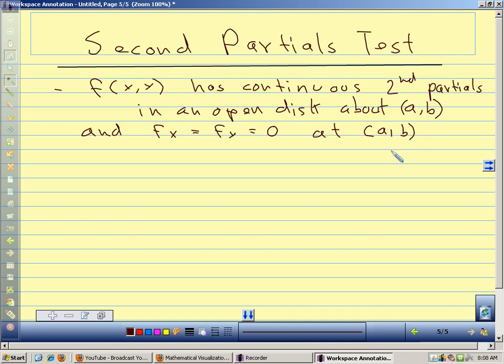So we want to figure out if we have a saddle point, if we have a maximum, if we have a minimum. So we're going to let D, and we can call it the discriminant, kind of like the discriminant for the quadratic formula.